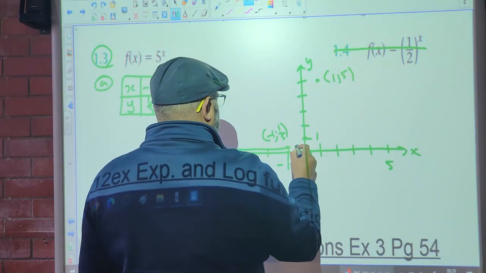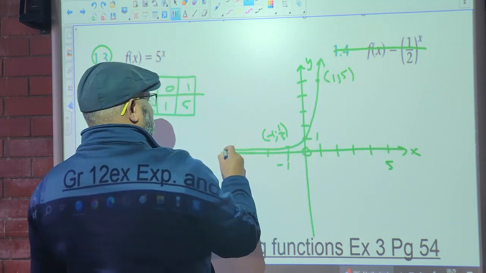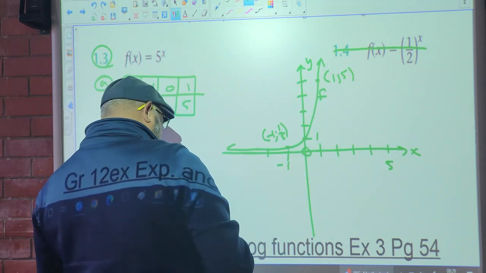Here the graph comes close but doesn't touch. There is that graph. This is the graph of F.